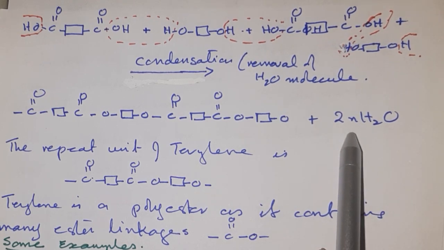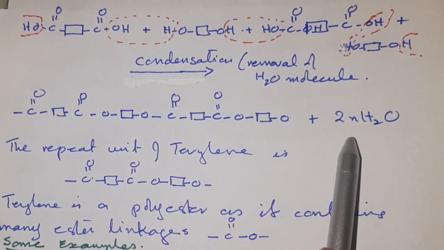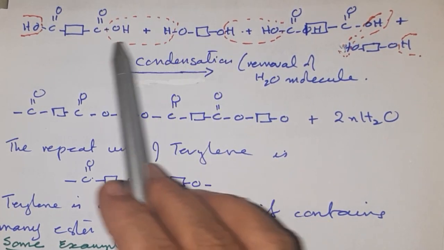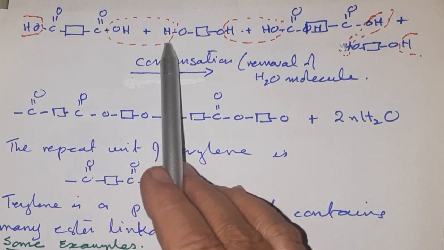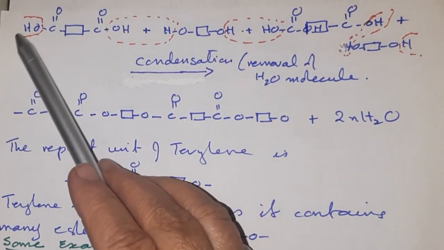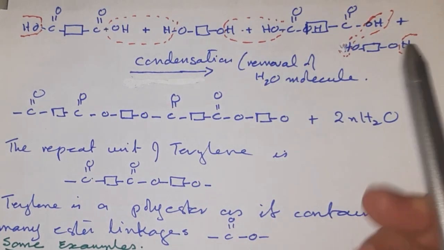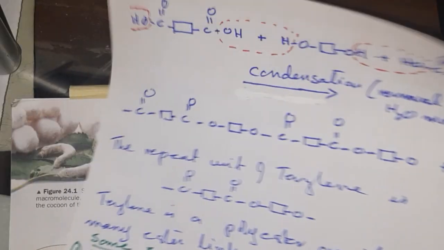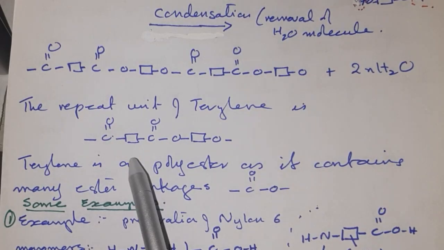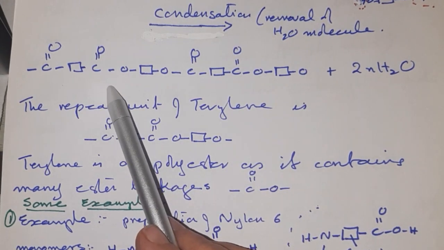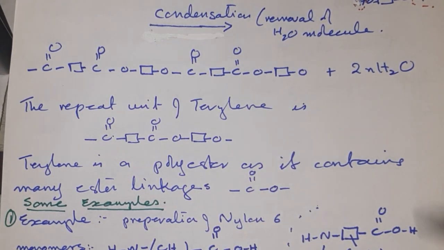Why do we write n? n is the total number of the monomers, whereas with two monomers, one water molecule is eliminated from here and one water molecule is eliminated like this. So two water molecules are eliminated. Now this is the repeat unit. Terylene is a polyester as it contains many ester linkages. You can see the ester linkages over here.